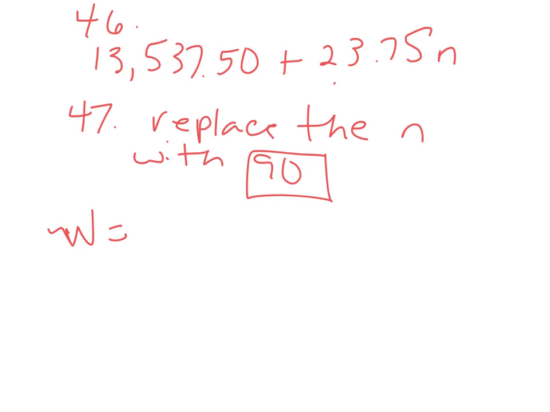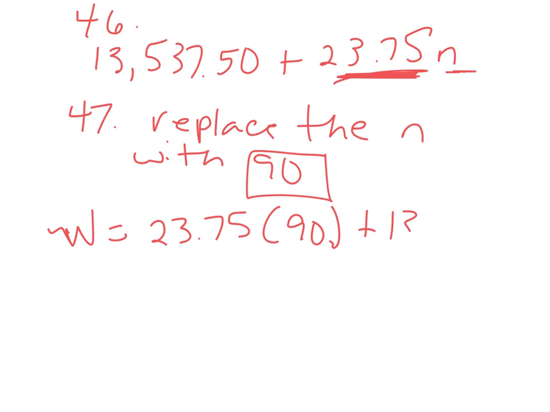We can take the number that we came up with up here as that second part and do 2375. We don't have to use the N here. We can use the 90, add back in. So we basically are solving for the problem before it, and that's what these series of problems are based on each other. So if you get one wrong, you're going to be out of luck. One step wrong.